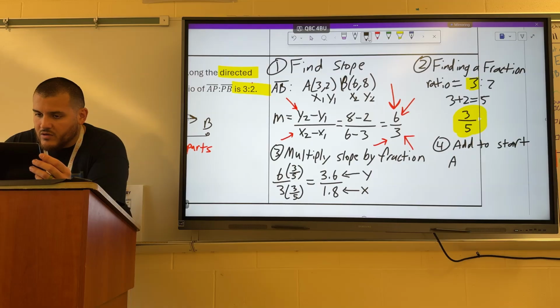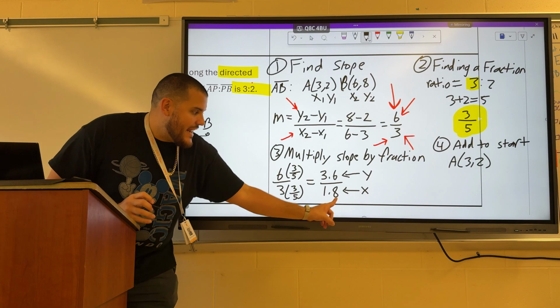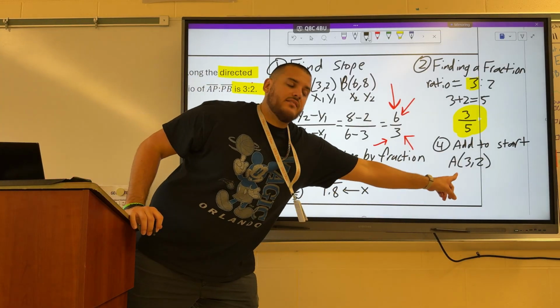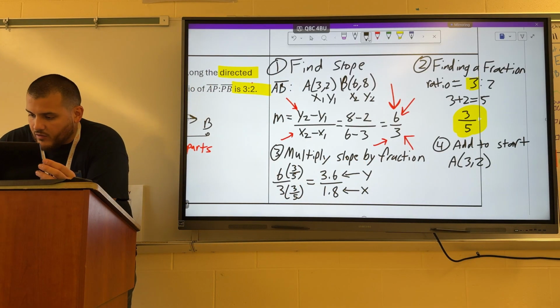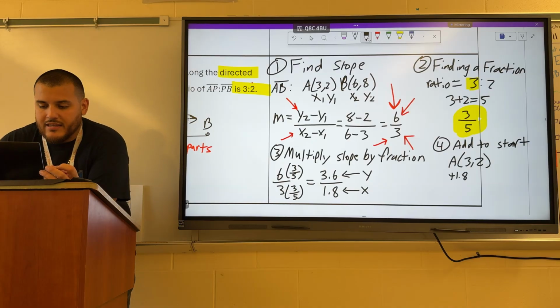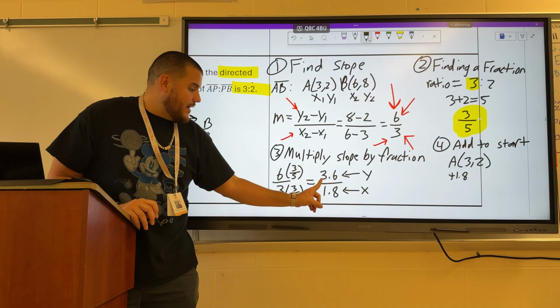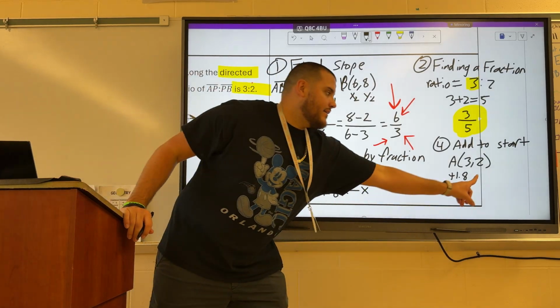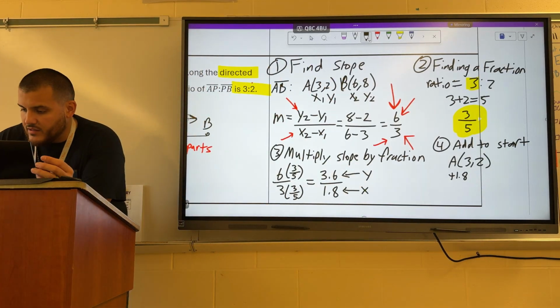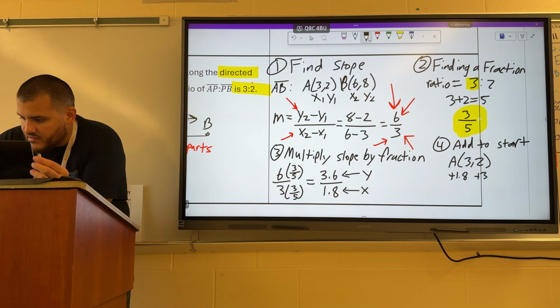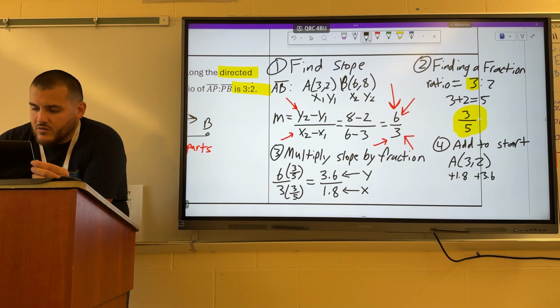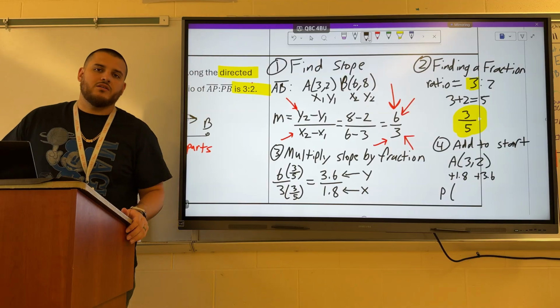Reminder, A here was at +3, +2. I'm going to take that x number and add it to the x coordinate here. So the x coordinate was 3, I'm adding 1.8 to that x coordinate. My change in y needs to be 3.6, I'm adding that to the y coordinate, the 2. And the resulting values will be my location for my partitioning point.